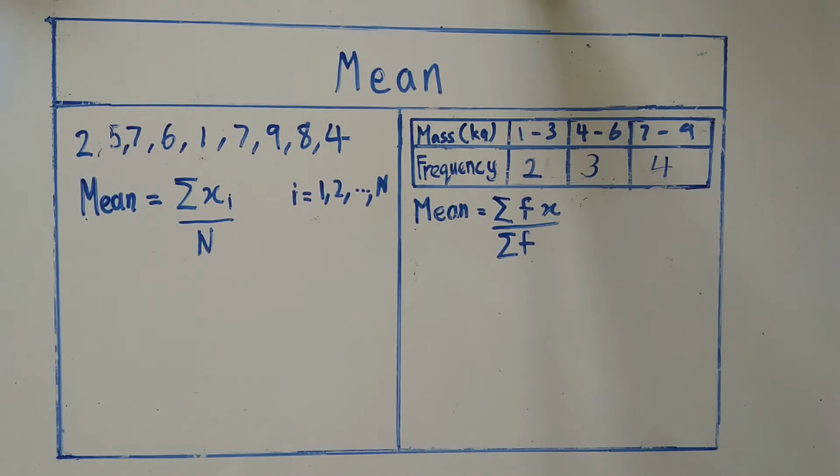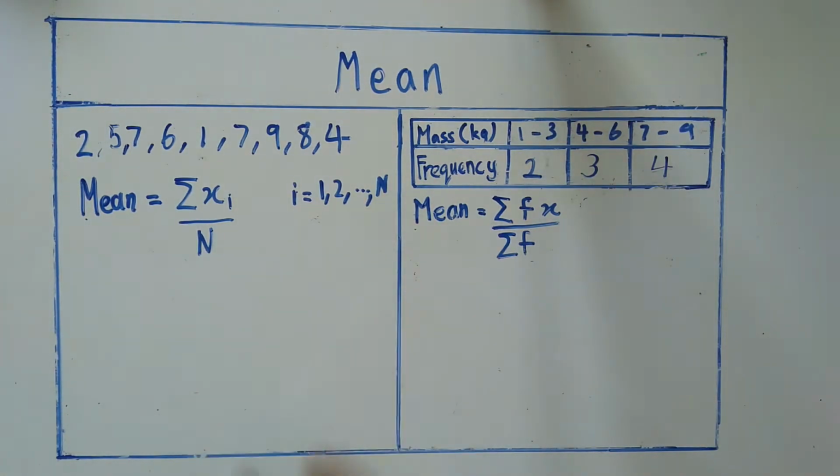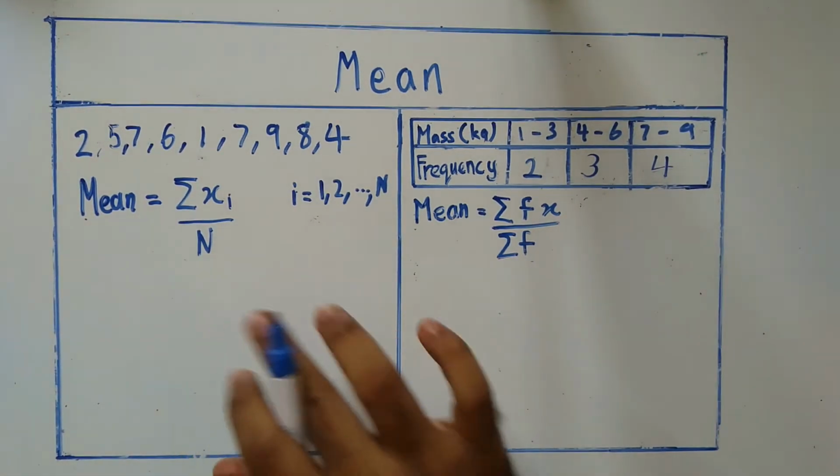The first statistical property is the mean. The mean is the average of the dataset. The mean can be calculated in two ways. The first is the ungrouped method, and the second, the grouped method. To calculate the mean, we need to add all the values together and divide it by the total number of terms.